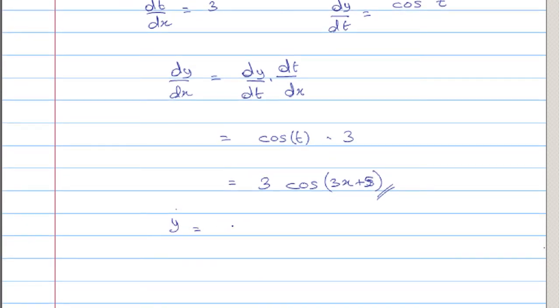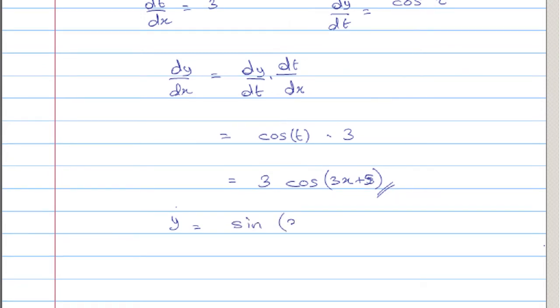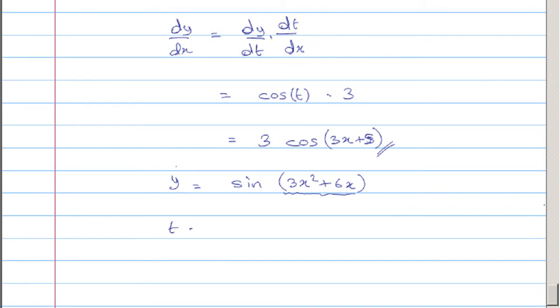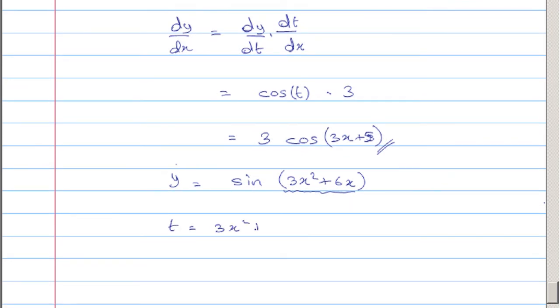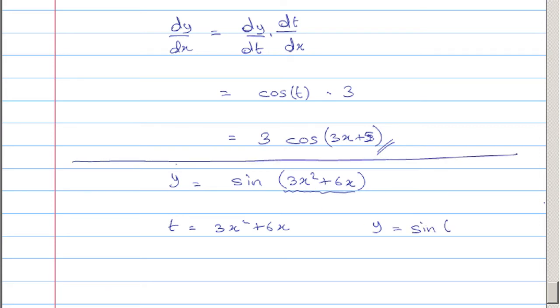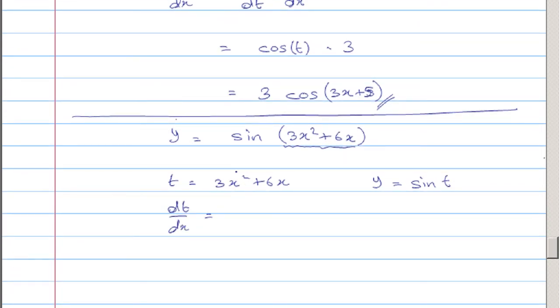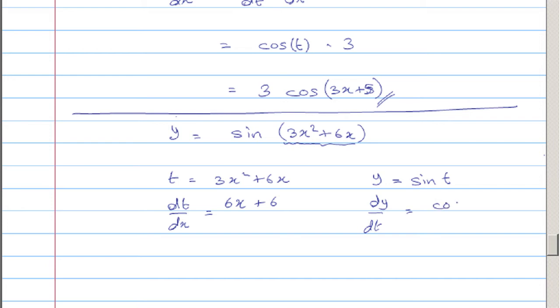So let's say we have y equals sine of, let's say, 3x squared plus 6x. So once again, your 3x squared plus 6x will be your t substitution. So use t equals 3x squared plus 6x. And that would give y is equal to sine of t. So in this case, dt over dx will be equal to, differentiating this function, 6x plus 6. dy over dt will be equal to cos of t.